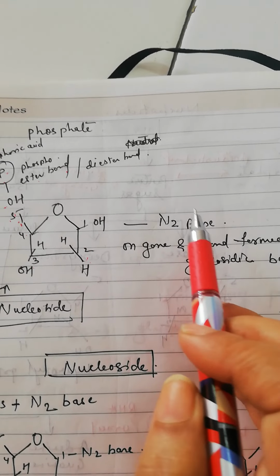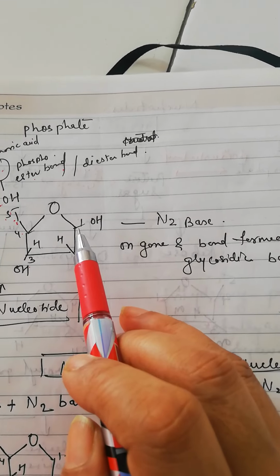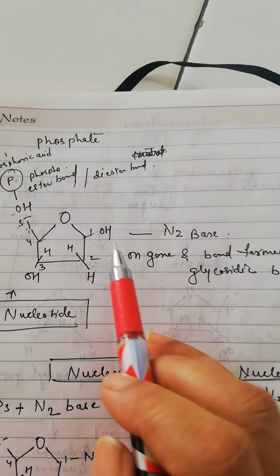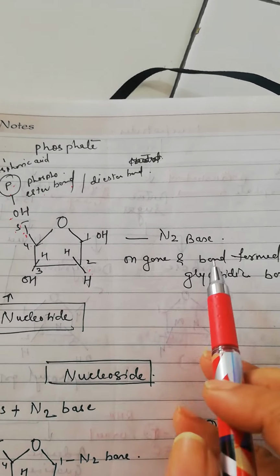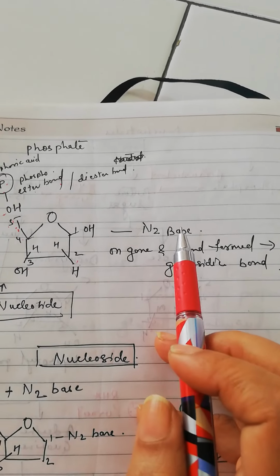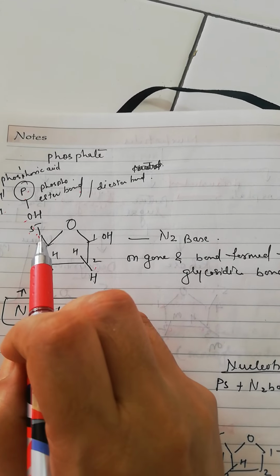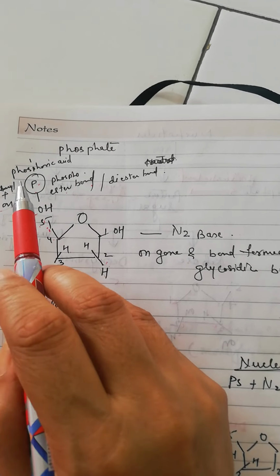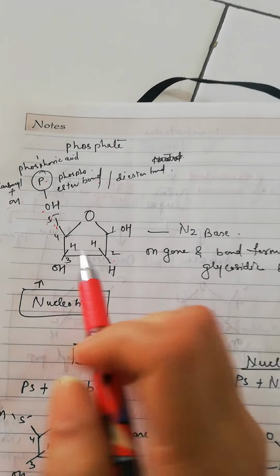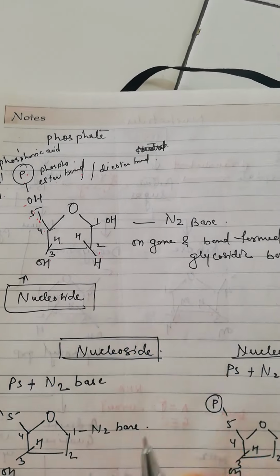Whatever the nitrogen base, it is attached with the first carbon of this pentose sugar, and OH is gone and it forms a glycosidic bond with the nitrogenous base, whereas with the fifth carbon it has a phosphoric acid, so it is known as phosphodiester bond, right? So this is the structure of the nucleotide.